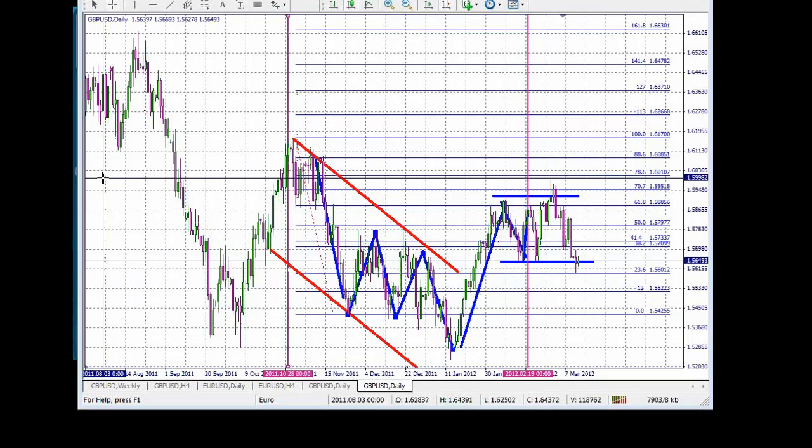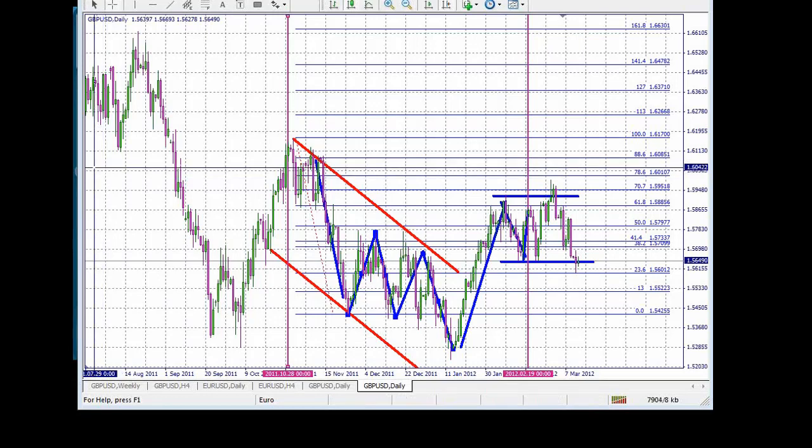And I find that it is a very good tool for somebody that is not used to making wave analysis and so on. I really think that it is a very good advisor. It's a very good tool for trading.